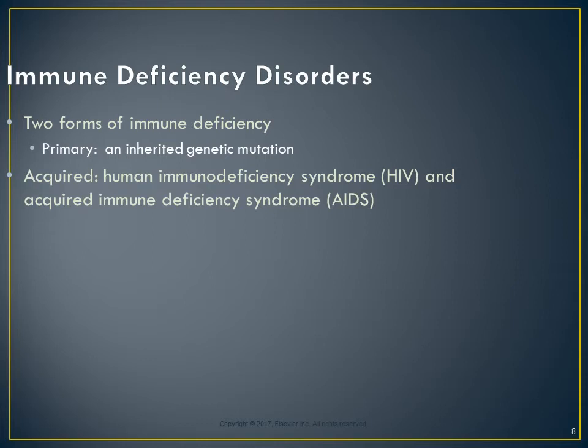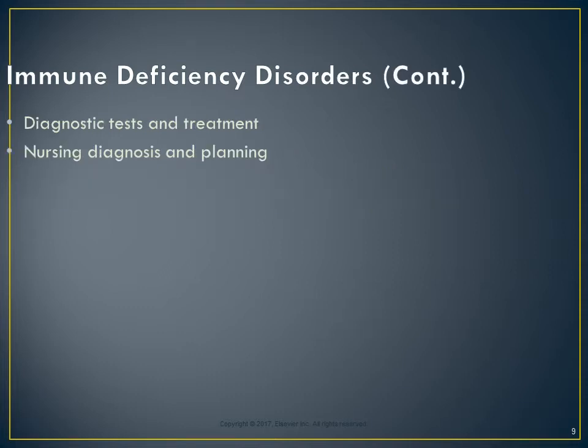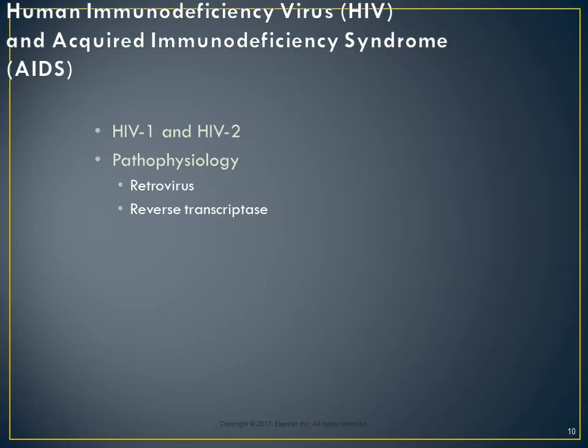In terms of acquired, human immunodeficiency virus, or HIV, and acquired immune deficiency syndrome, or AIDS, are our primary ones. There are diagnostic tests and treatment and diagnosis and planning in box 11-3 on page 218. HIV and AIDS. In HIV, there is HIV-1 and HIV-2.